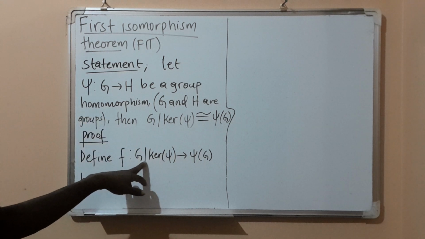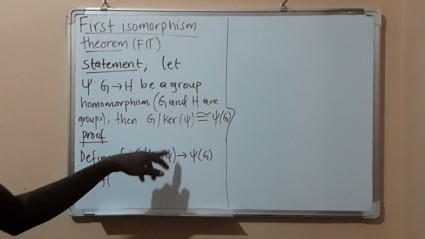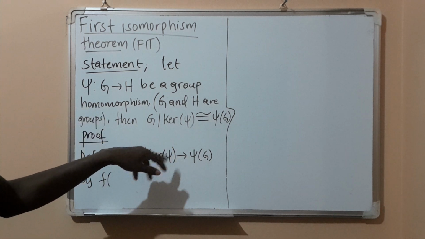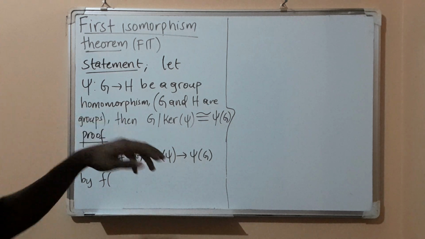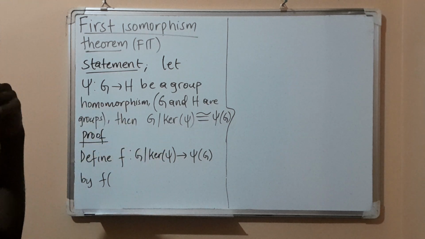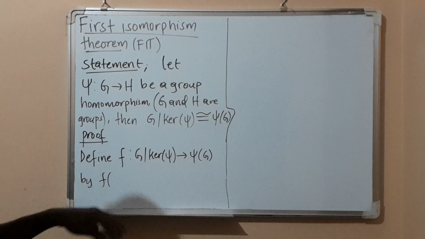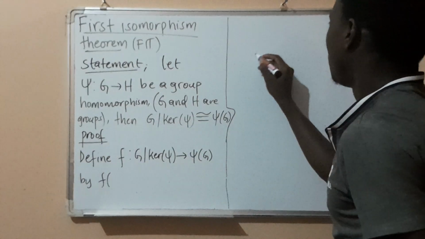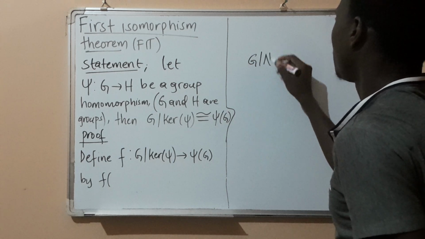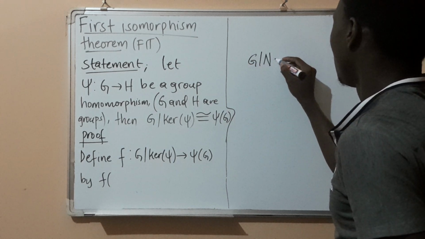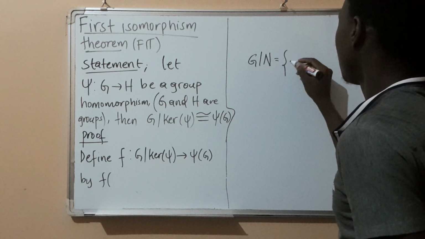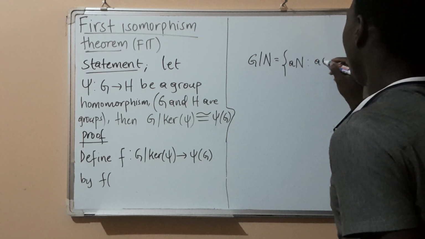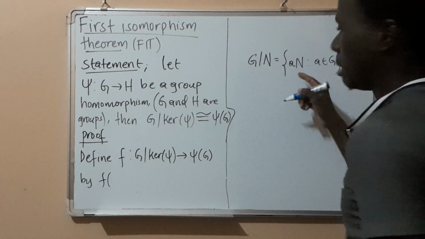So you remember, this factor group is structured in such a way that the kernel is a subgroup of G, and this consists of elements which are cosets. So elements within G over K look like aK, such that a is an element of G. They are cosets.